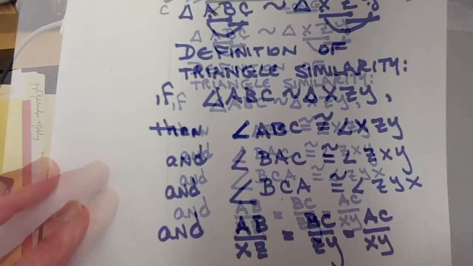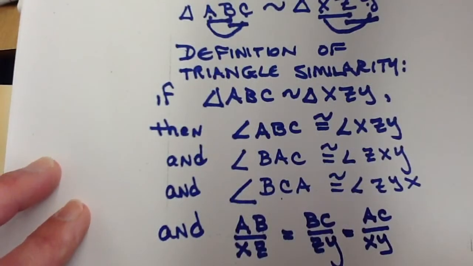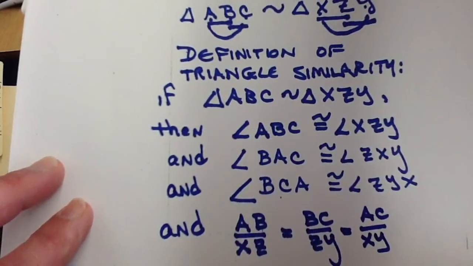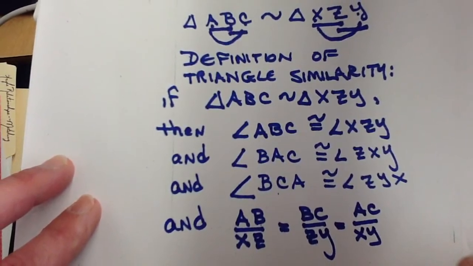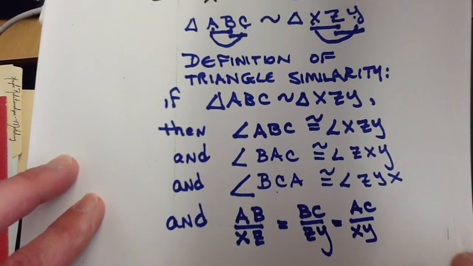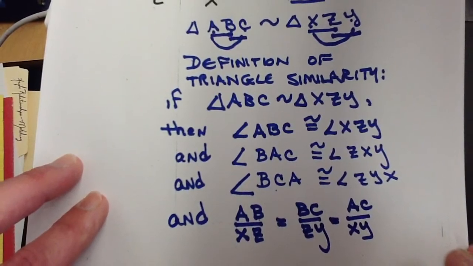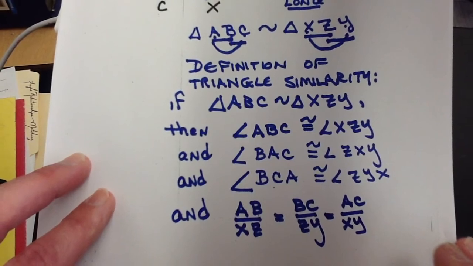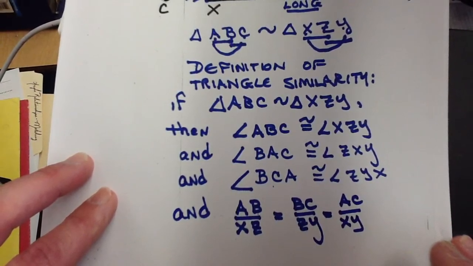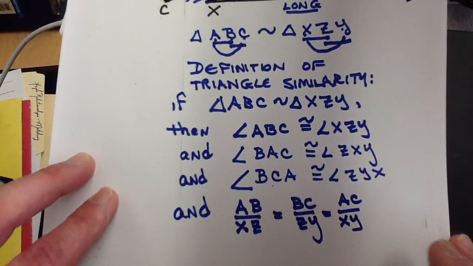If these things are all true, then 2 triangles are similar. Perhaps even more importantly, if you already know that the 2 triangles are similar, then you know the 3 angle pairs are congruent and the 3 corresponding side pairs have the same proportion.